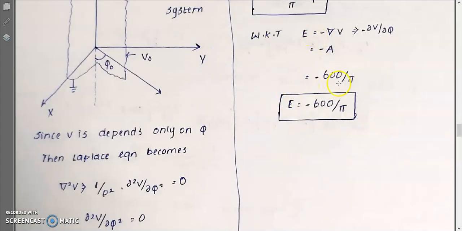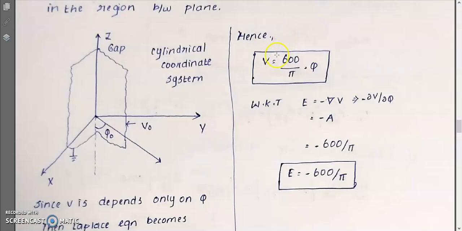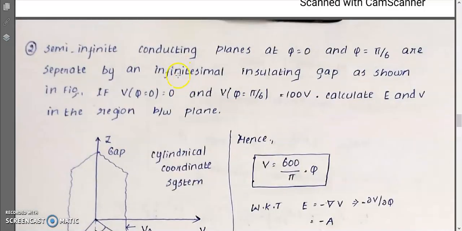So E is equal to minus 600 divided by pi. This is the easiest way to find out the electric field intensity E, as well as the voltage V, which is 600 divided by pi into phi, for the cylindrical coordinate system.